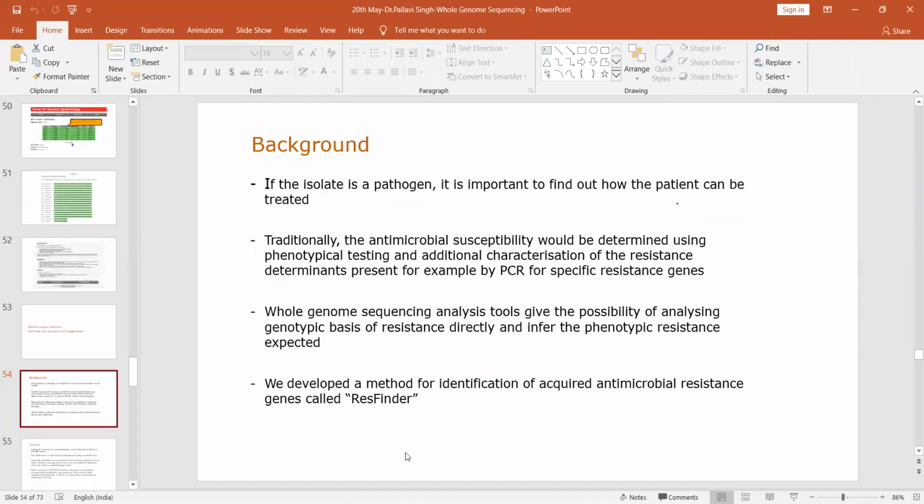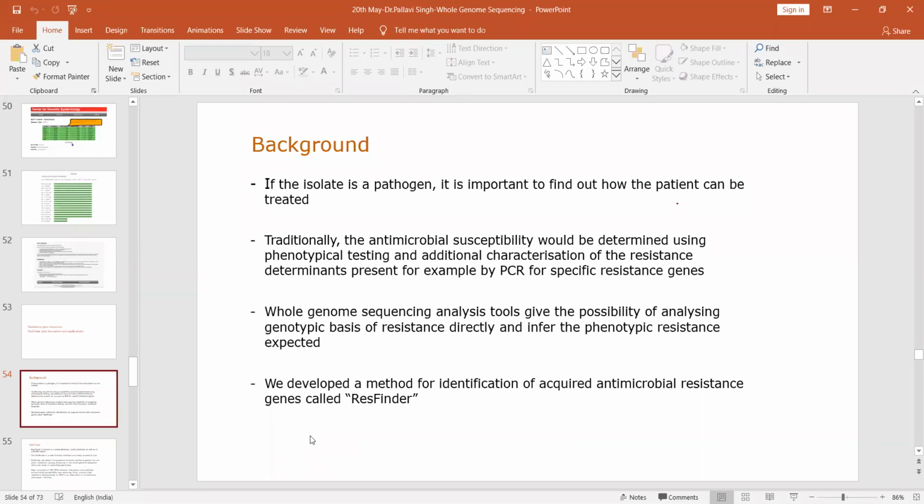So again, it is important to find out how the patient can be treated, whether a particular antibiotic is going to be effective against the pathogen which has affected the patient or not. So for this, we have a technique known as ResFinder. Whole genome sequencing analysis tools have given us the possibility of analyzing the genotype basis of resistance.